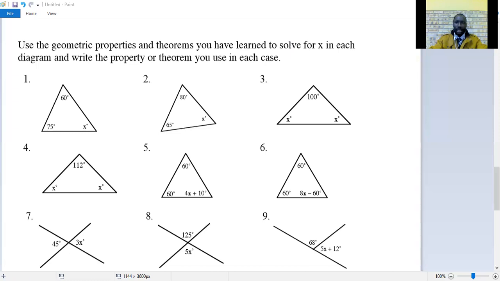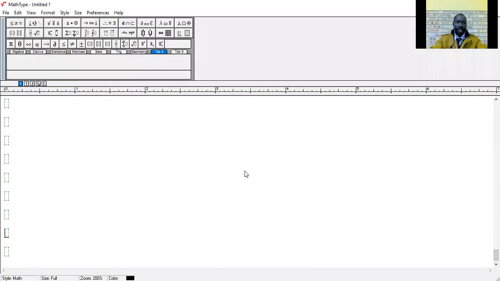So we are starting with activity 1, where we have 60 degrees. I'm going to call this activity 1 part 1, or just activity 1.